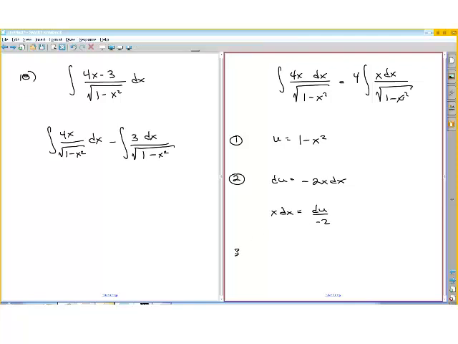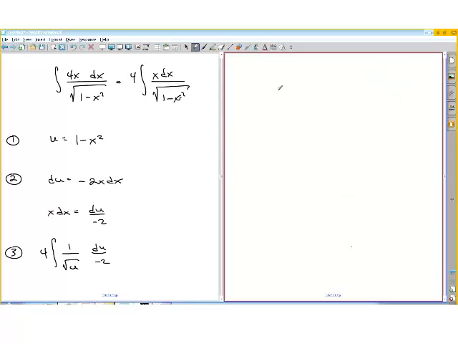Now I can make the substitutions. My original function becomes 4 times x dx, which is equal to du divided by negative 2, and I get 1 over the square root of u. I'll factor out the negative 2, so I'll have 4 divided by negative 2 times the integral of u to the minus 1/2 power du.